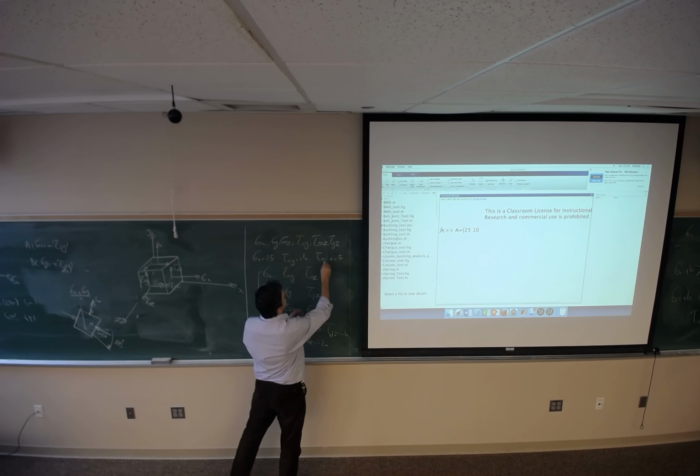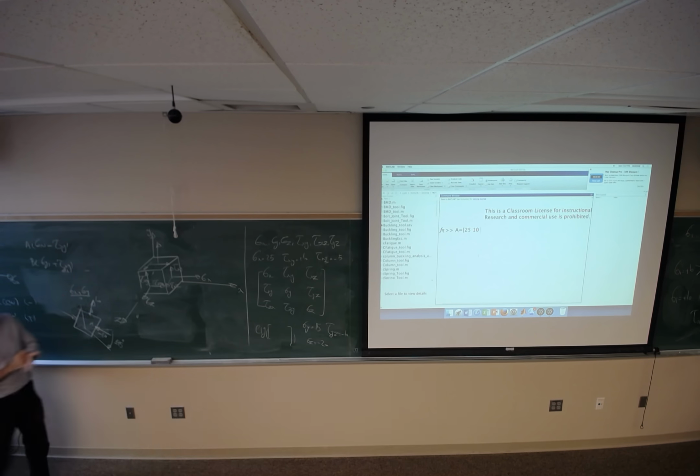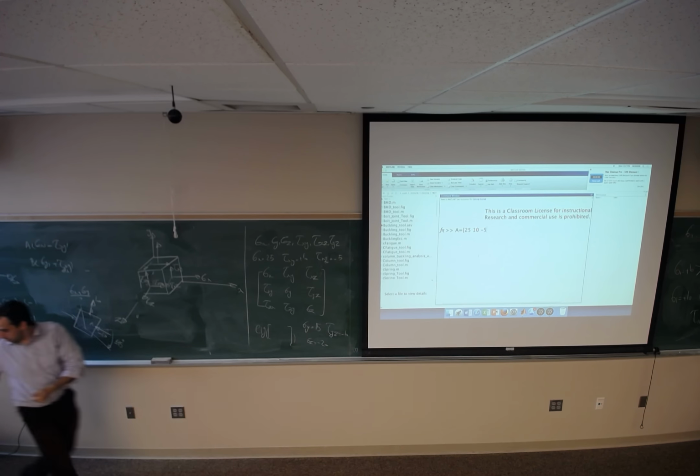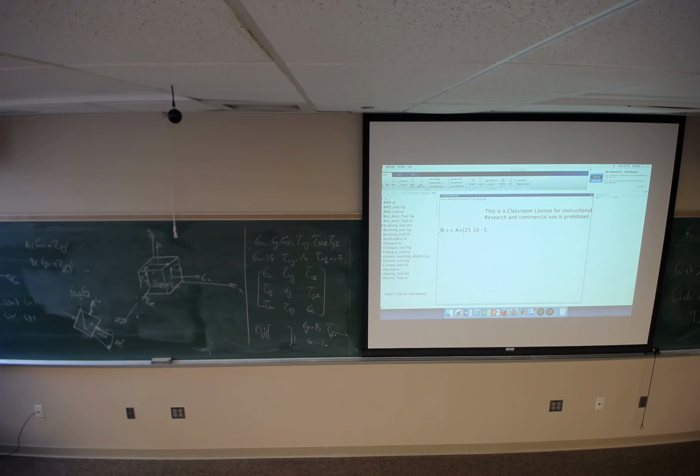Second row, after a semicolon: tau xy is 10, sigma y is 15, and tau yz is negative 10. And the last row is negative 5, negative 10, and sigma z is negative 20.